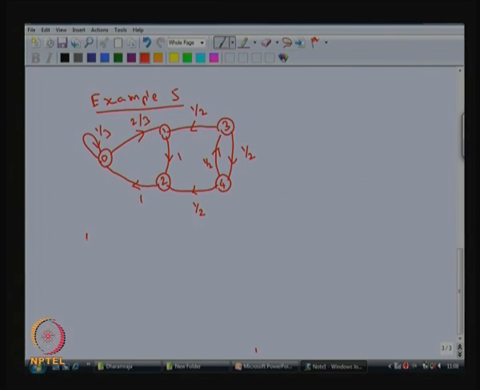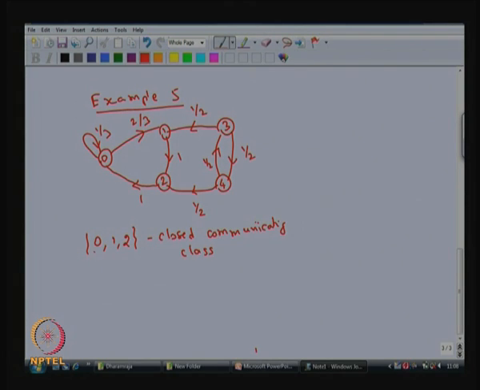Therefore, you can make a set {0, 1, 2}; you cannot include any more states in this set, and it satisfies the properties of being closed as well as communicating. So, this set is called a closed communicating class, and all these 3 states communicate with each other.